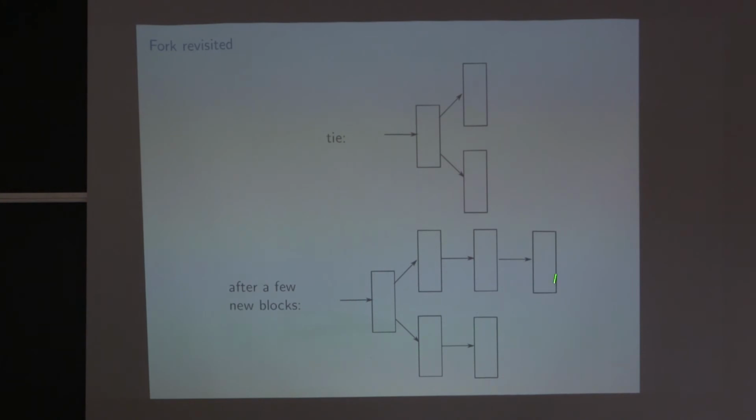So after a few blocks, the tie will be broken, and it will be like a system with positive feedback. So this is the longest chain. More people will have this copy, and they will keep choosing this branch to add new blocks. So this branch will proliferate, become longer and longer, and this one will be stuck.